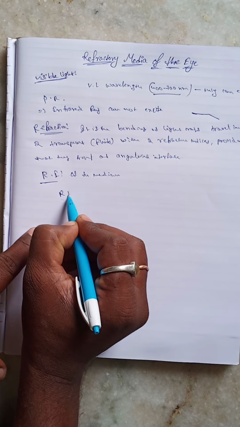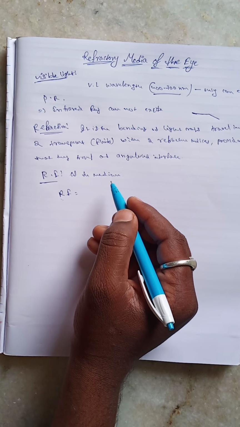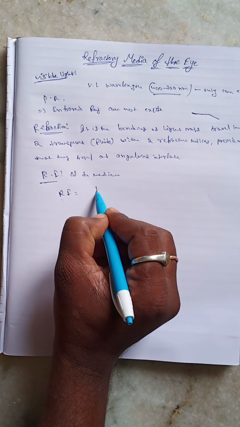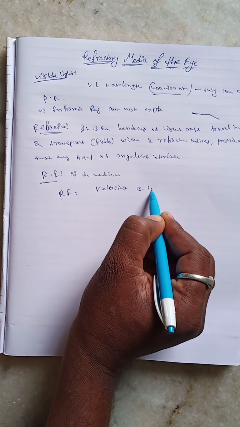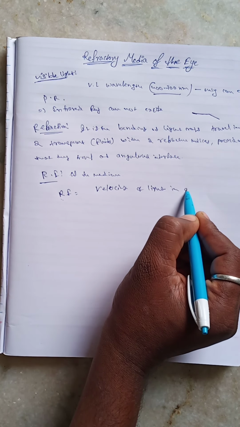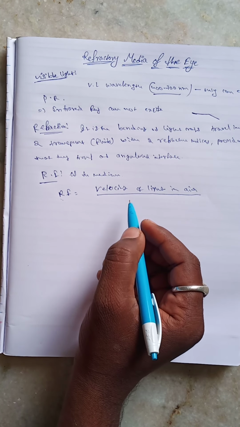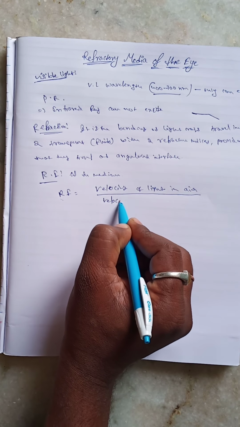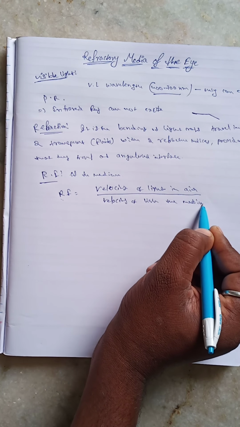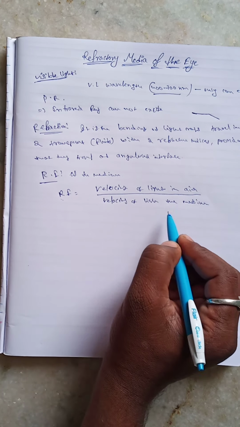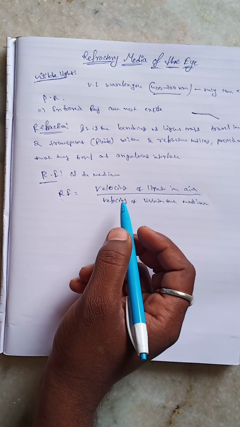RI is equal to the velocity of light in air divided by the velocity of light in that medium. So this is the refractive index.